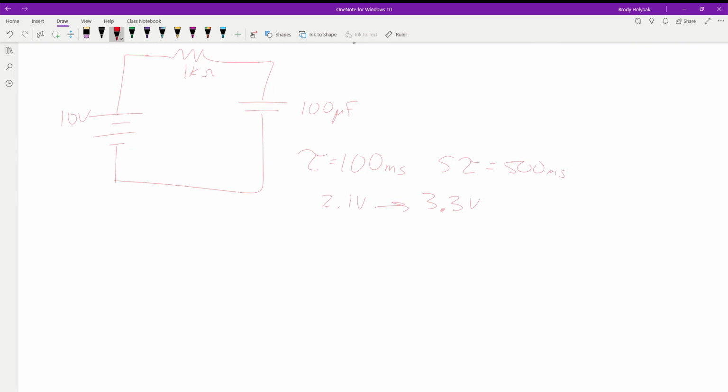There's a reason I picked these values. 10 volts is the final. We're trying to charge to 10. I just want to know specifically how much time it is going to take to get from this point to this point. So think about it as our graph. I want to know from this section to this section how much time we're taking.